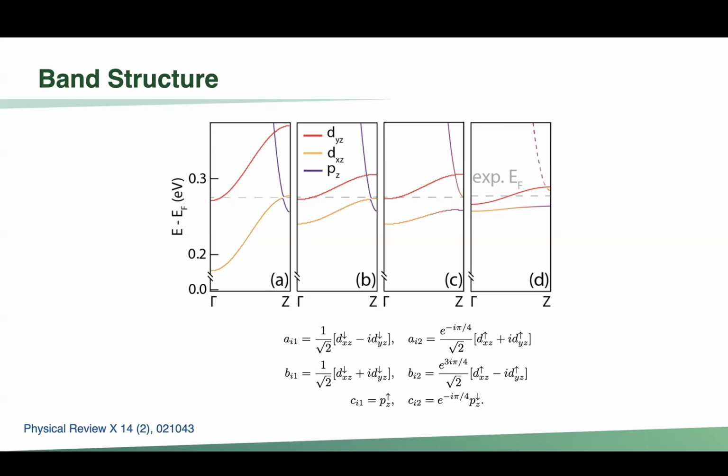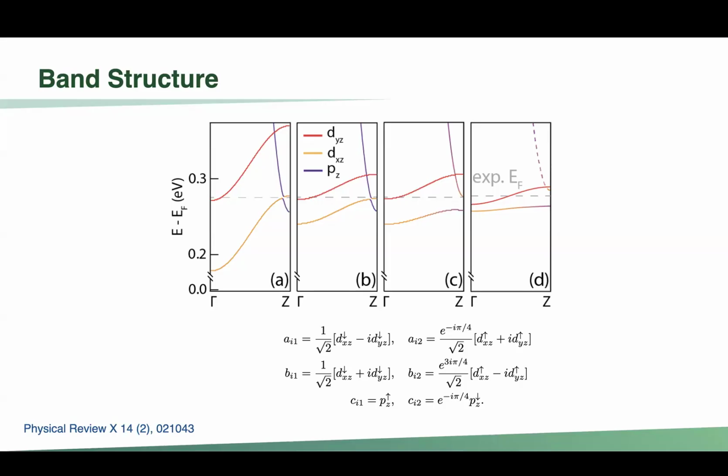But then, of course, we have this PC band that was still around here, and the PC band is something that the experimentalist cannot measure, and the gap was still larger than the experimental one. Here we could not move forward anymore, but if we renormalize the gap by a factor of 5, not 3, which is the standard renormalization when there are correlations, we can actually get the experimental gap.